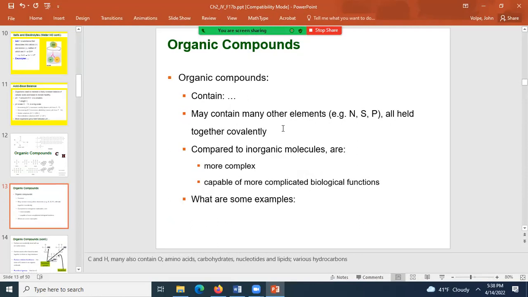Organic compounds can have other bonds, but the main bond is the covalent chemical bond, but they may especially have hydrogen bonds. Organic compounds are typically more complex than inorganic molecules, and they're capable of more complicated biological functions.